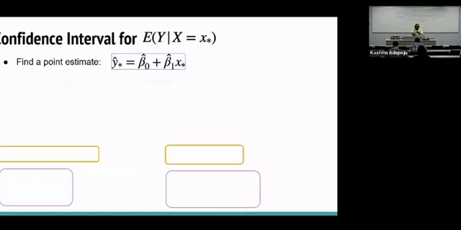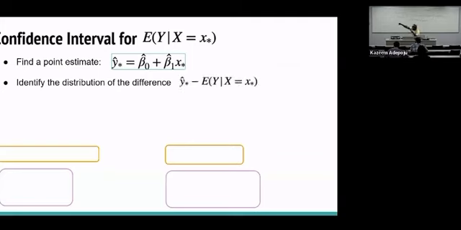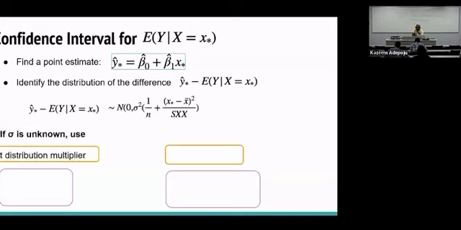After finding that, we need to identify the distribution of the difference between what we predict and what happened in reality. You know what I'm trying to do now? I'm trying to derive the standard error.